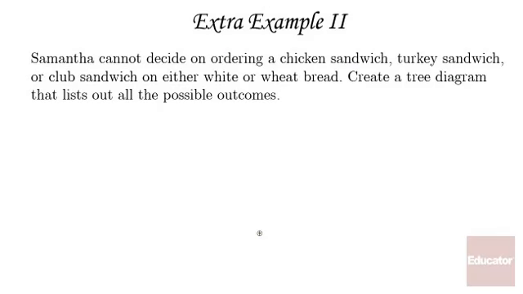Okay, for this example, Samantha cannot decide. She's going to order a chicken sandwich, turkey sandwich, or a club sandwich on either white or wheat bread. Create a tree diagram that lists out all the possible outcomes. So the first event is the type of sandwich, right?